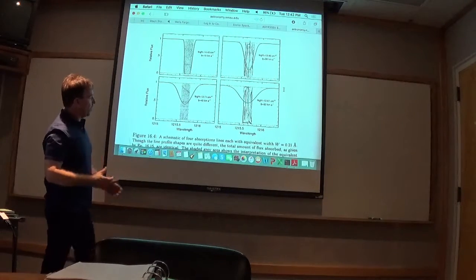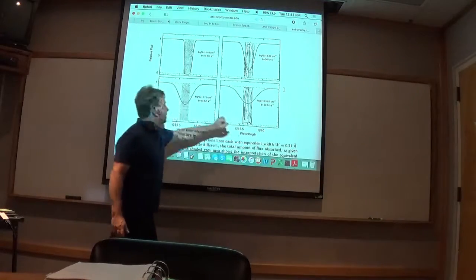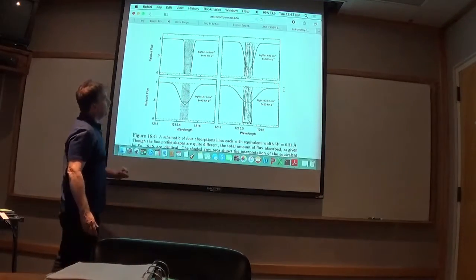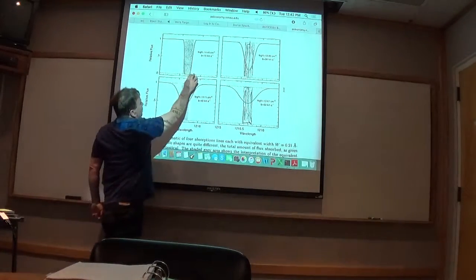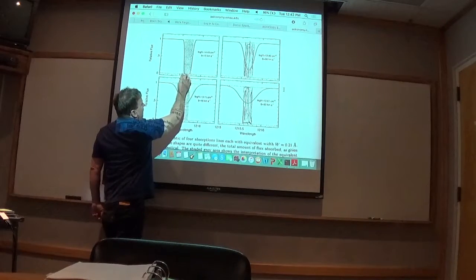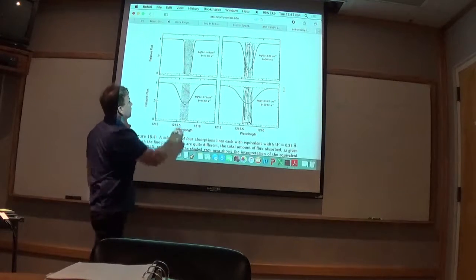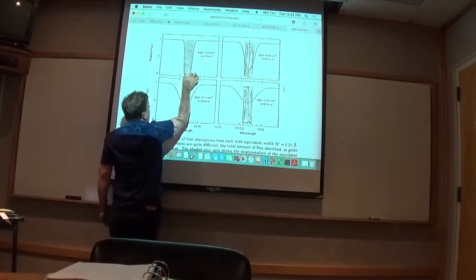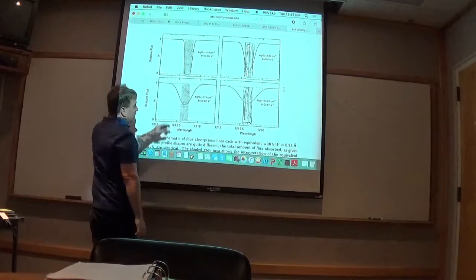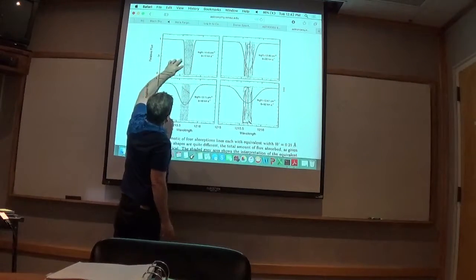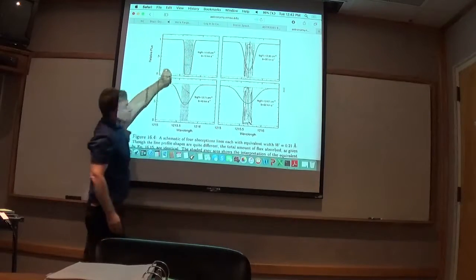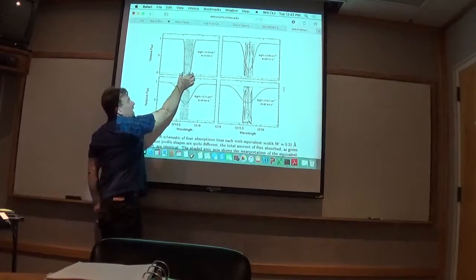In this case, 0.21 angstroms. All of these have the same equivalent width, 0.21 angstroms. You took that wavelength minus that wavelength, you're going to get 0.21 angstroms. So the area of that is equivalent to the integral under that curve. So that's why they call it the equivalent width.